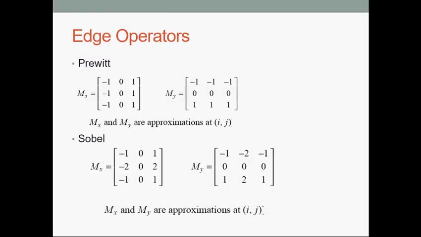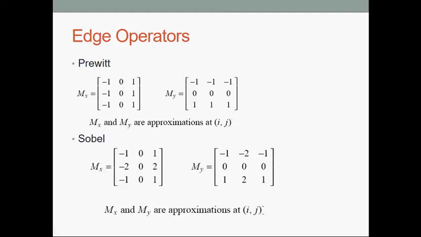In the second and third technique, these are quite efficient as compared to Roberts, because these contain a 3 by 3 mask and this contains a 3 by 3 mask. What happens is that this mask in the x direction and this mask in the y direction are taken onto the image and a convolution is done.